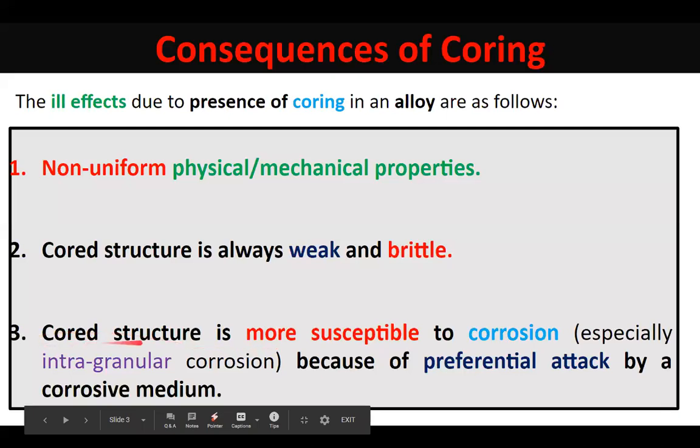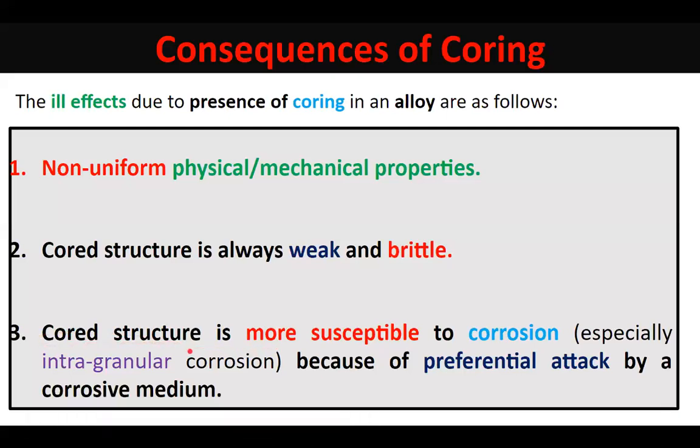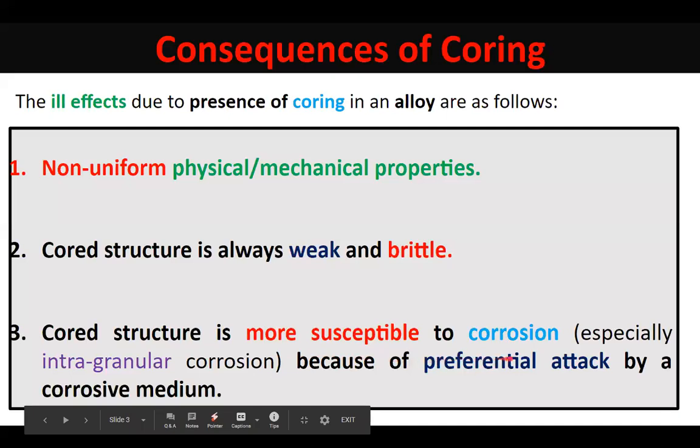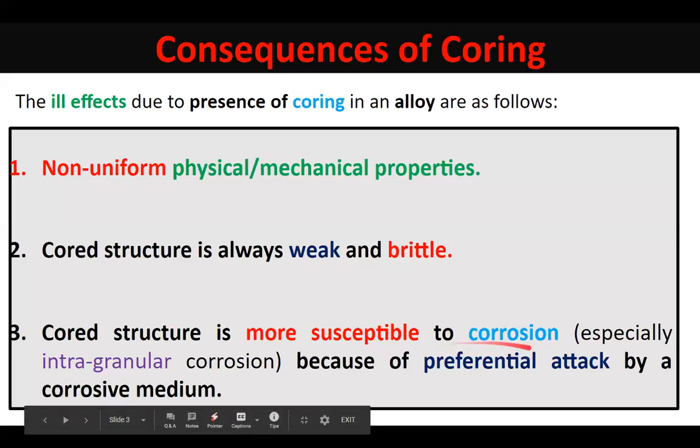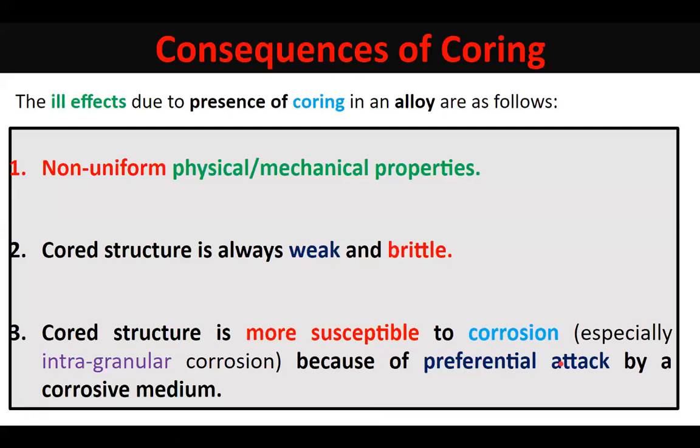So these systems which have the coring defect are more susceptible to corrosion, and corrosion which starts typically at the grain boundaries, because at the grain boundaries the lower melting point element is lying, and if that element, when it was existing as a pure element, was attacked by some special corrosive agents, it would still be attacked by them.